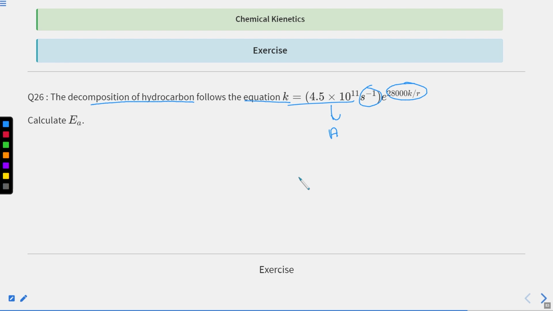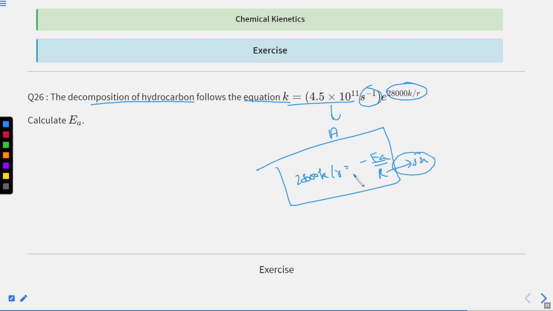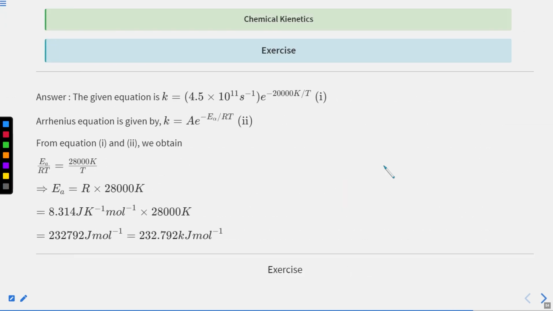We know that 28000 is nothing but minus EA by R. Just calculate this thing. Put the value of R as 8.314, and you will get the value of EA from here. Let us see the solution.